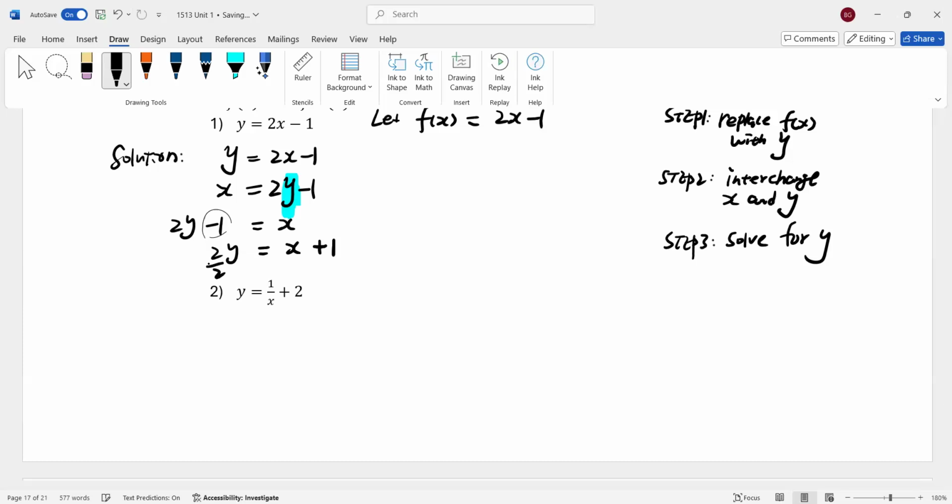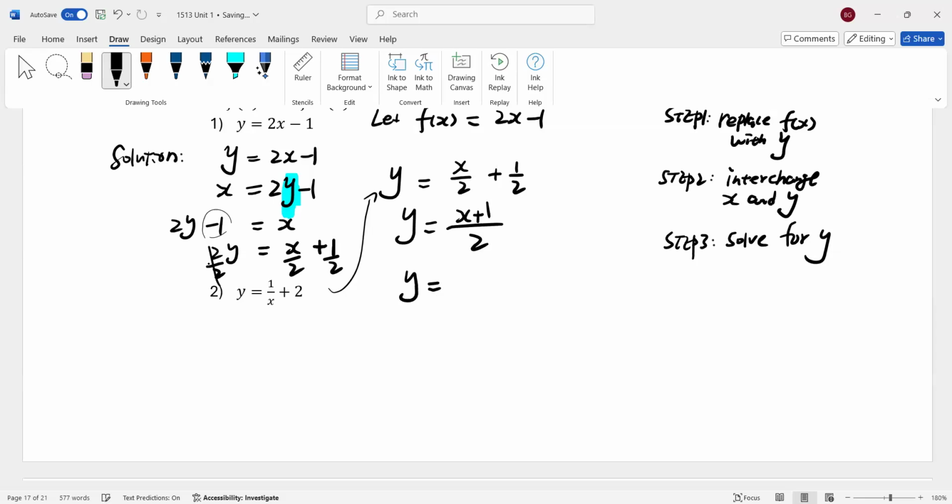Divide both sides by 2, and we have a y isolated. Y equals x over 2 plus half. You can write that as y equals x plus 1 all over 2 as well. Or you can write as y equals half x plus half. All those three things mean the same.